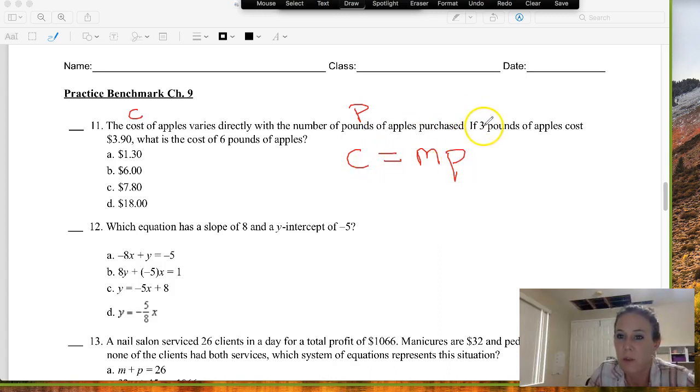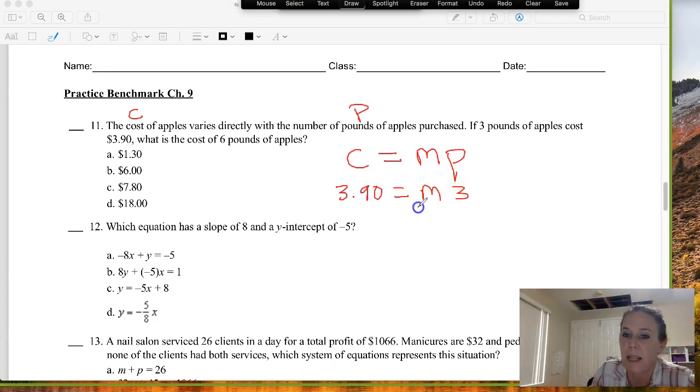So then it says if 3 pounds of apples cost $3.90, so the cost would be $3.90, and I know the number of pounds is 3. So I can figure out how it varies. What is that constant of variation, okay? By plugging in 3 for pounds and $3.90 for the cost.